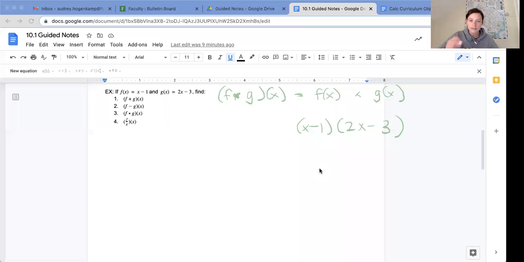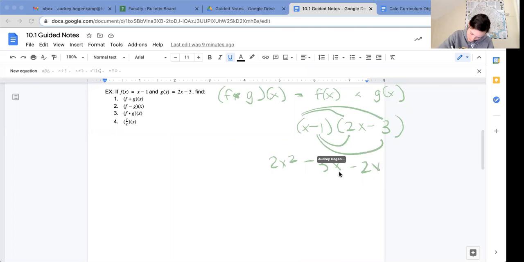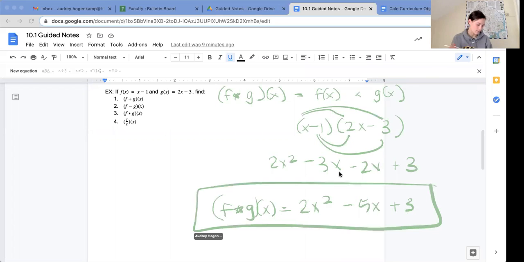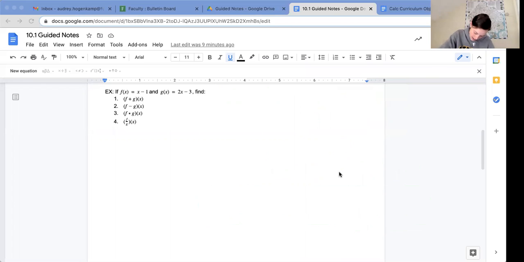So x times 2x is going to give me 2x squared, x times negative 3 is minus 3x, negative 1 times 2x is minus 2x, negative 1 times negative 3 is plus 3. So I'm going to get 2x squared minus 5x plus 3 for f times g of x. Creating new functions.